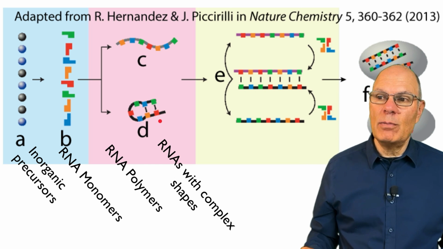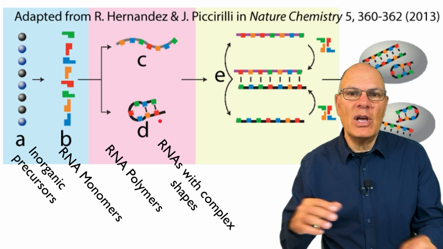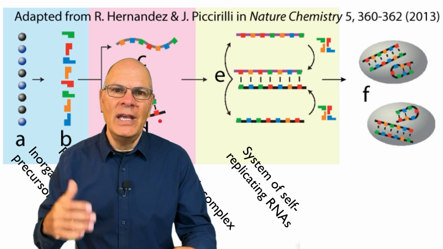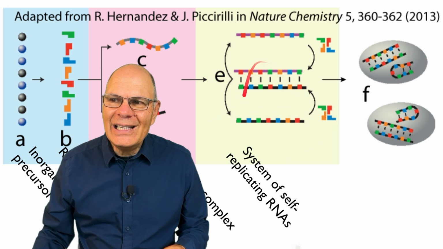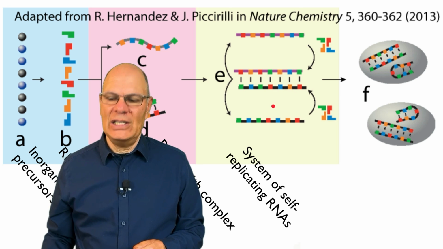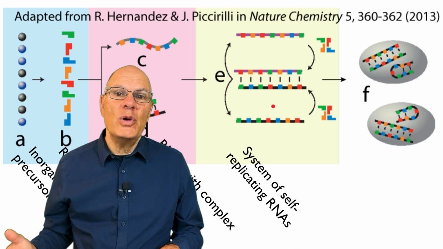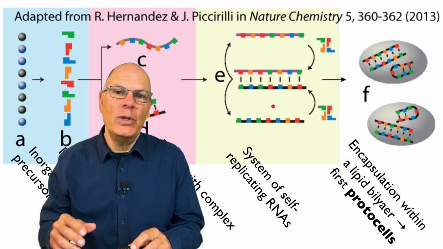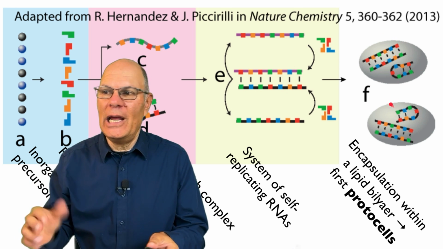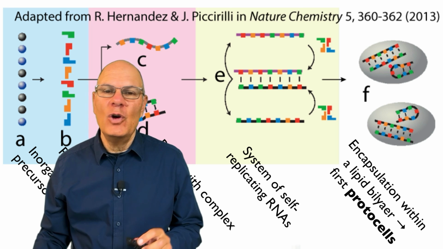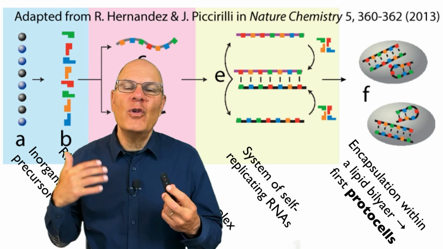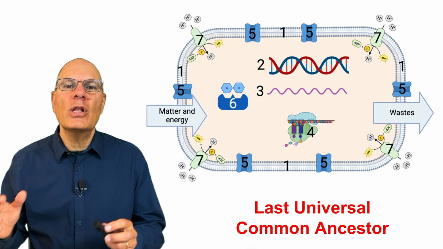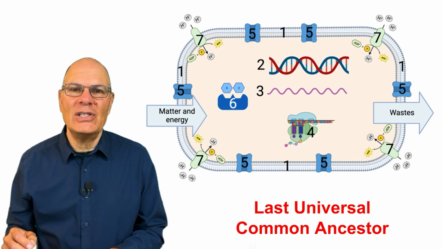One of those enzymatic properties could lead systems of RNAs. It doesn't have to be just one molecule, but there could be a system of interacting molecules that could lead the system to replicate itself. At some point, those self-replicating RNA systems would become encapsulated within some kind of lipid bilayer. And at that point, at letter F, we have a protocell. Further natural selection, further evolution would lead to the emergence of the last universal common ancestor.